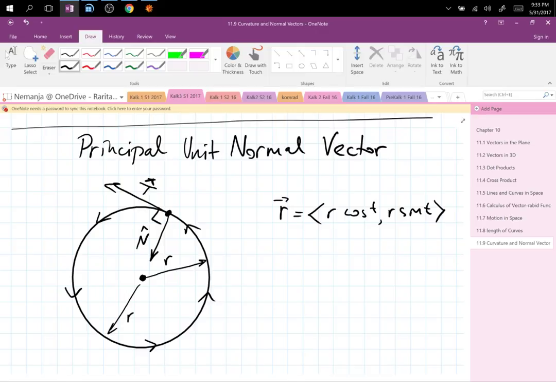Normal means perpendicular, orthogonal. And it's a unit vector, right? The word principal means pointing towards the center.